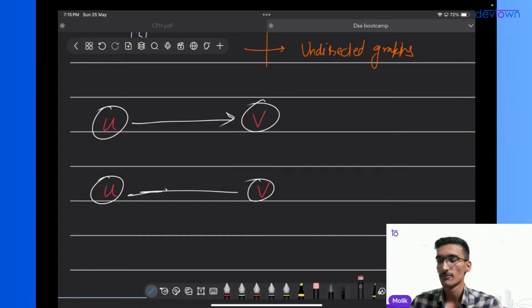Graph is completely independent of dynamic programming, although dynamic programming is integrated in some problems of graphs to make it a little tough. Like you will see some problems using segment trees plus graphs. But when it comes to interview preparation, you don't really need that much in-depth knowledge of this topic.